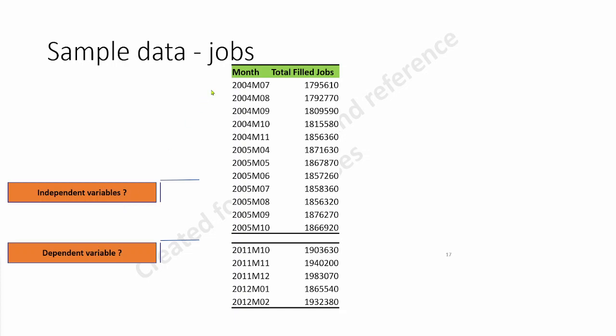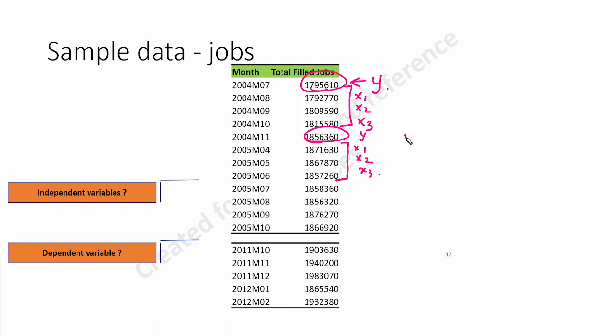Essentially, the number of jobs is the column that you're predicting, so this is Y. This prediction can be based on the previous three values, so those three would be your predictor columns or independent columns. Similarly, this one can be Y, dependent on the last three values, so those three values would be your X1, X2, X3.